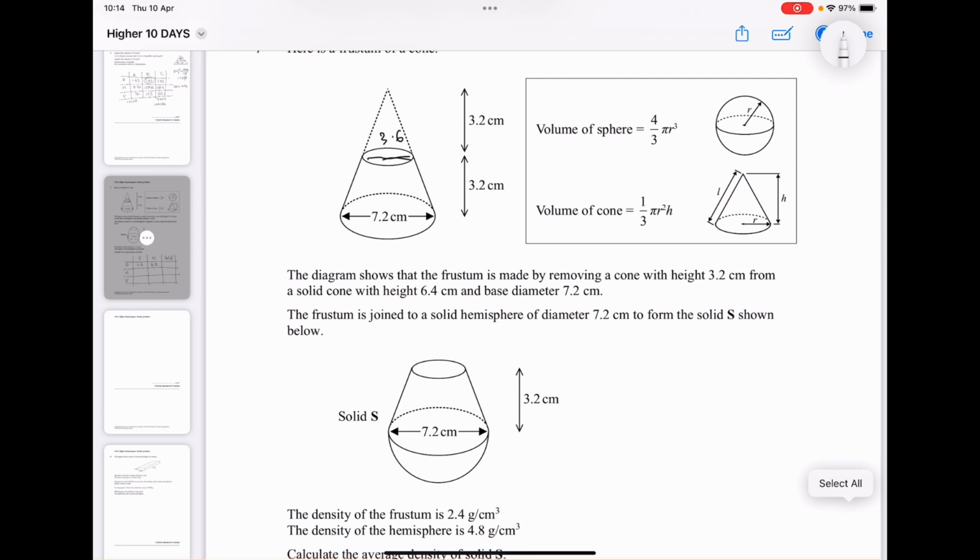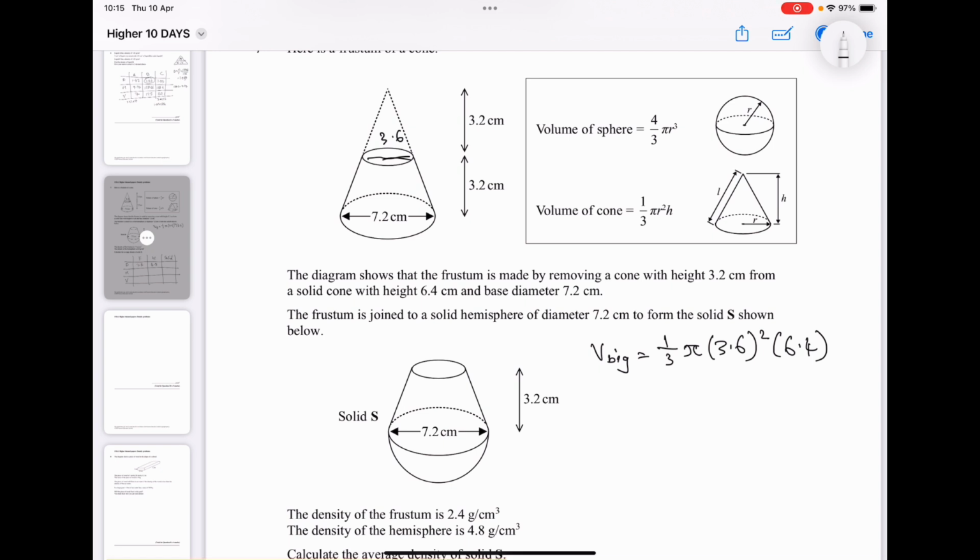So to get the frustum, I just do the volume of the big, which is 1/3 pi r, r is half of 7.2, so that's 3.6 squared times by the height in this case, which is 6.4. And if I put that all in, 1/3 pi, 3.6 squared times by 6.4.